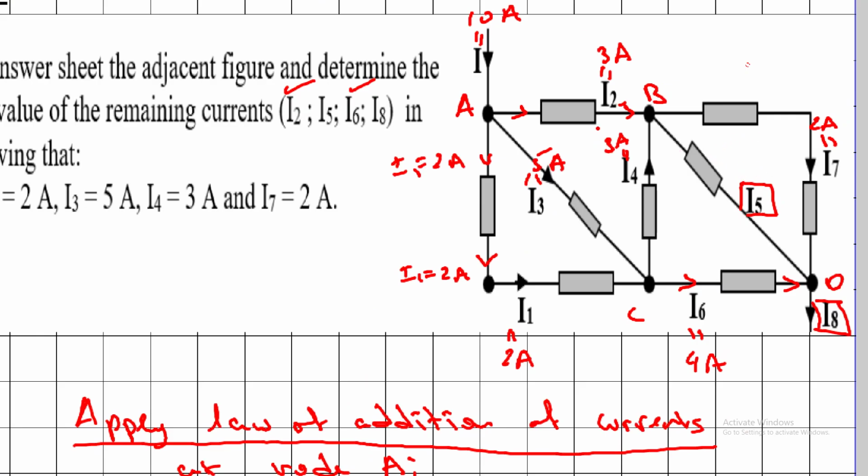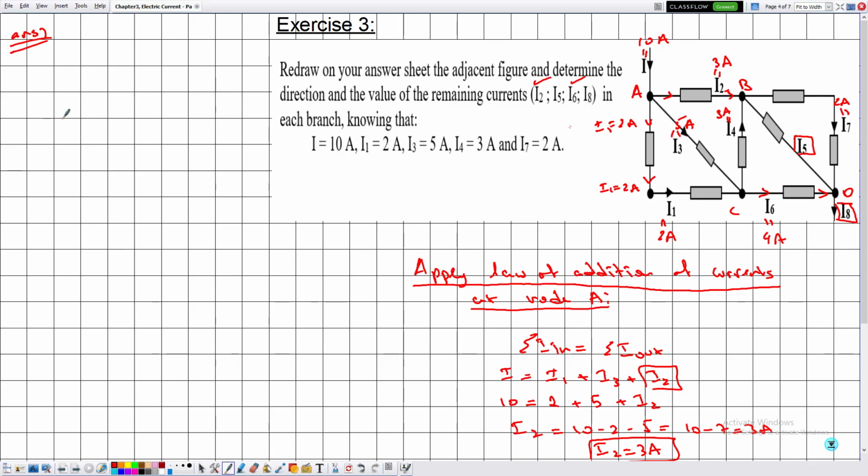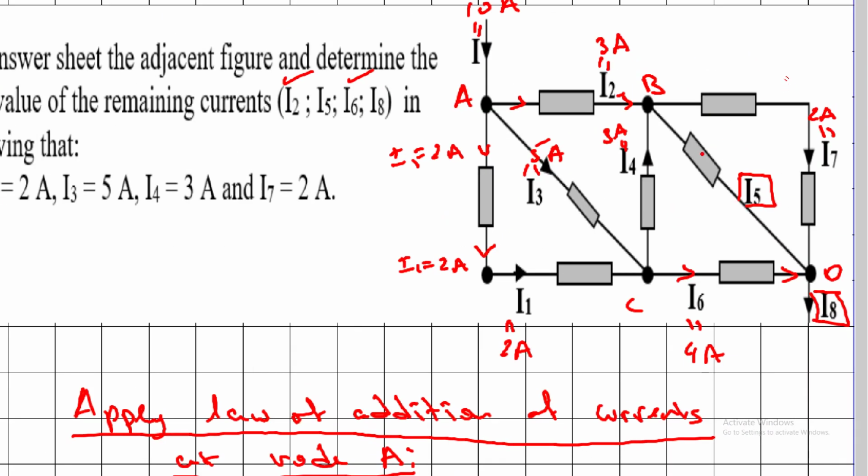Now I5 can be determined by applying the law of addition of currents at node B, because it's the only unknown. So we have the summation of I in is equal to summation of I out. Before we apply it and solve, let's indicate a direction of I5.